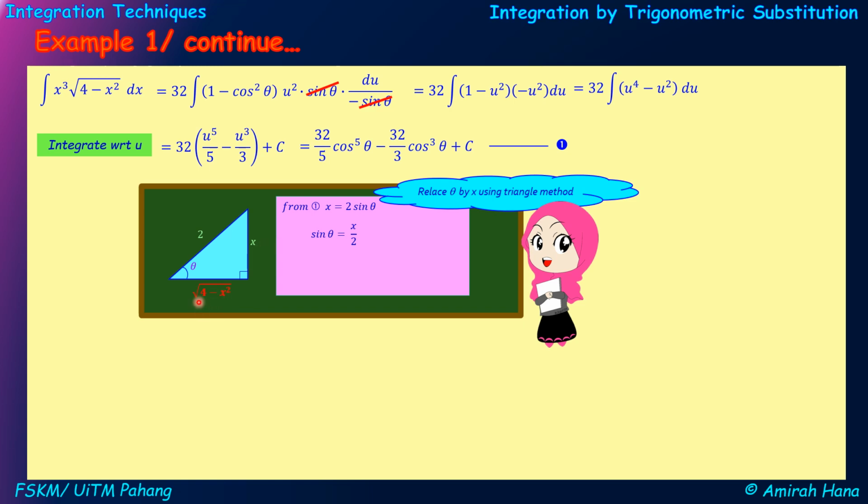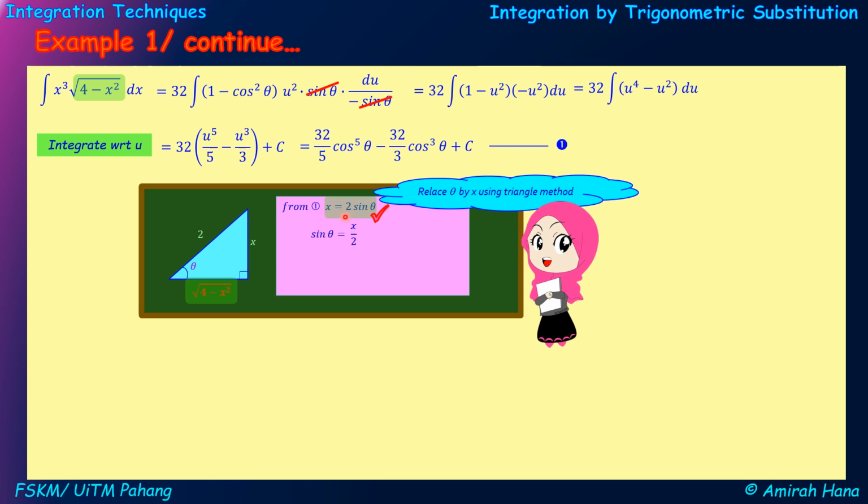So we get square root of 4 minus x squared for the adjacent. Now, this is the same as the radical in the given question, so it means that our substitution x equals 2 sine theta is correct. That's how we check our first step is correct.